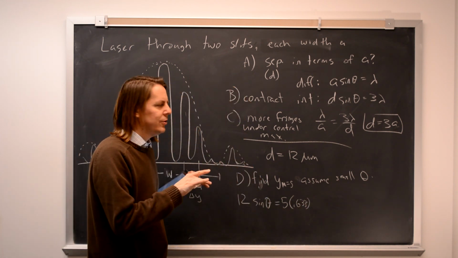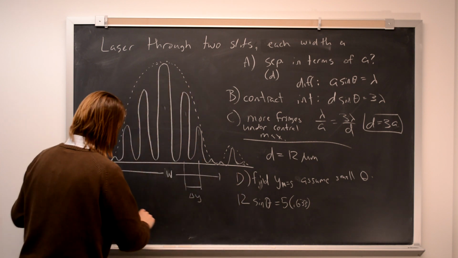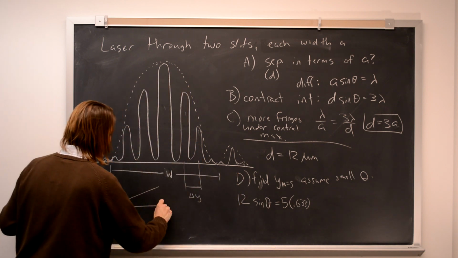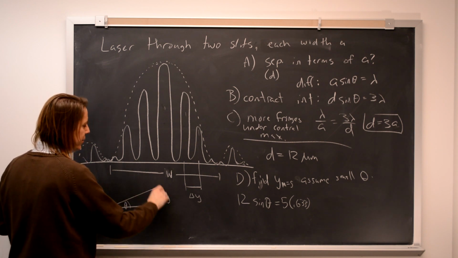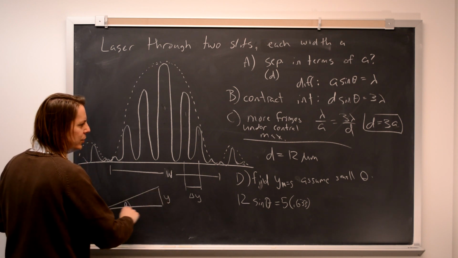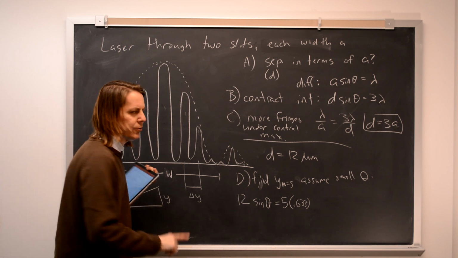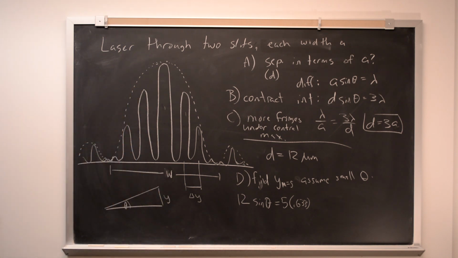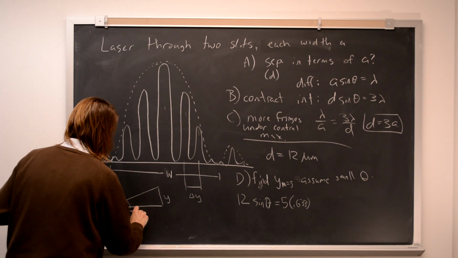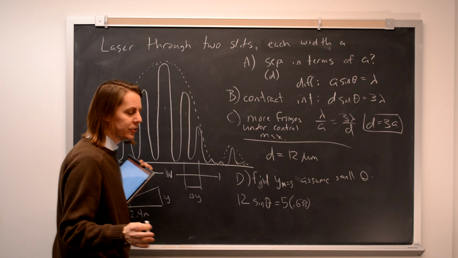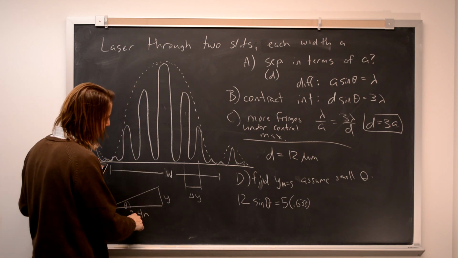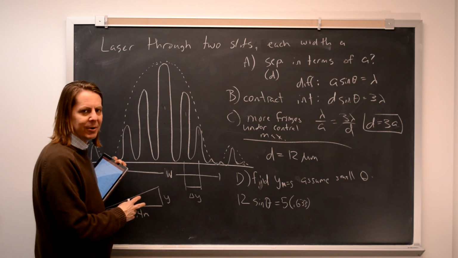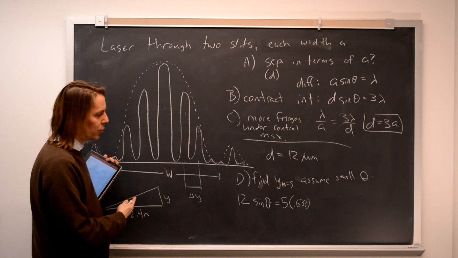And for small angles, sine theta, if we think about what that triangle will look like from the slits to the screen, there's the theta. For small angles, there's the y. And we really know usually this distance to the screen, which for this one is 2.4 meters. So the small angle approximation here is, even though we know the tangent of that angle is y over 2.4 meters, for small angles, tangent and sine are basically the same, because the cosine is about 1.